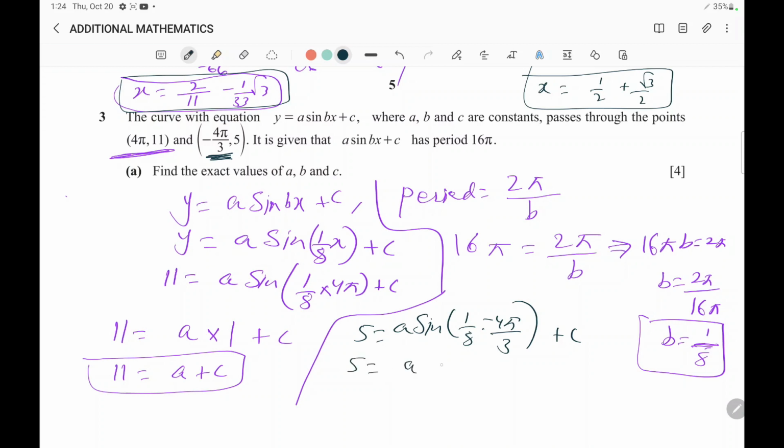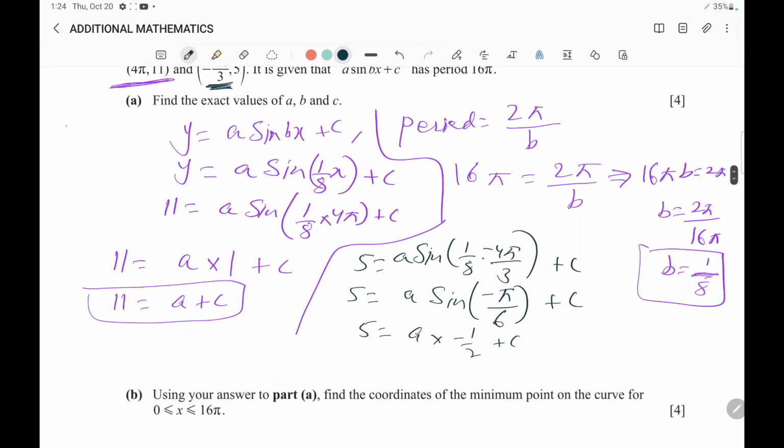So 5 equals a sine, this is actually 1 over 8 times minus 4 pi by 3, which is minus pi by 6, plus c. So 5 equals a sine minus pi by 6, which is, guys, minus half, plus c. Okay, you can use a calculator, no need to worry about it. Okay, that's great. Now can you multiply by 2 to get rid of the denominator 2?